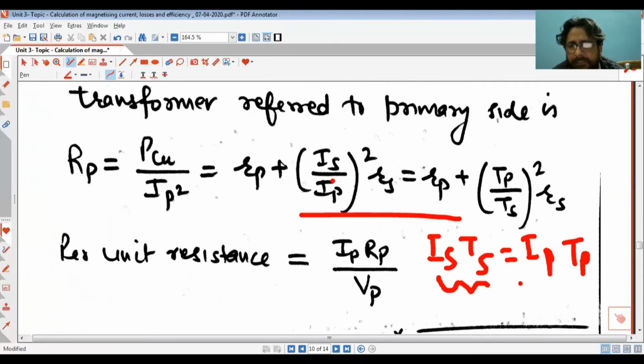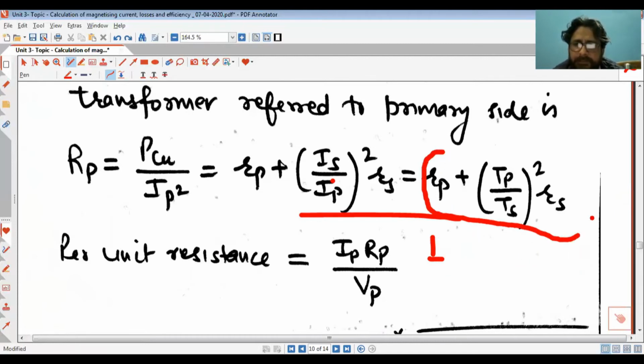Means ampere turn of secondary and ampere turn of primary are same, right? So that is being used here in this equation, this one.